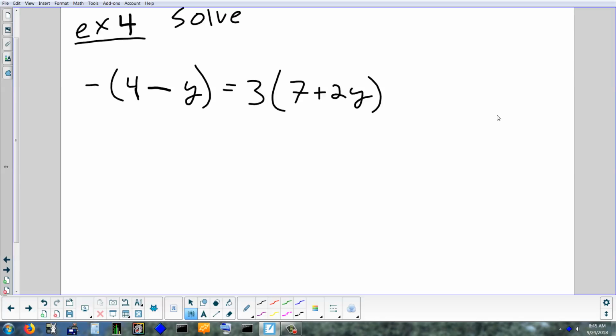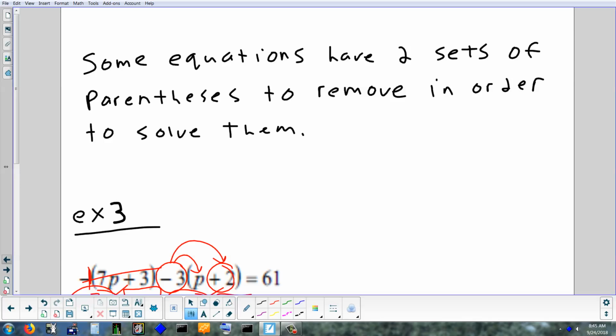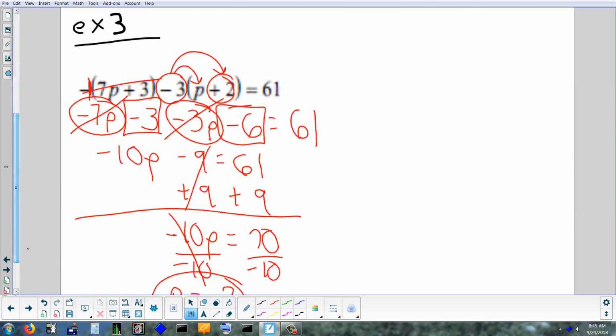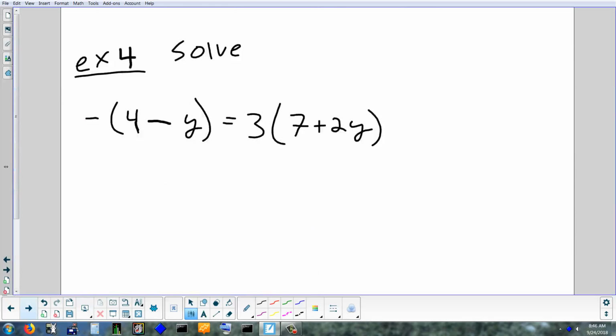How about this one? They're on opposite sides of the equal sign. If we go back and look at the last one, they're on the same side. This one, they're on either side. So there may be combined like terms here. There may not be. I'm probably going to guess there's not going to be.